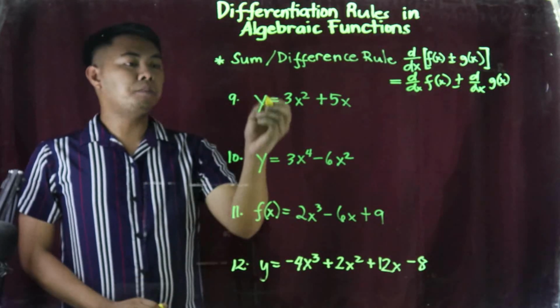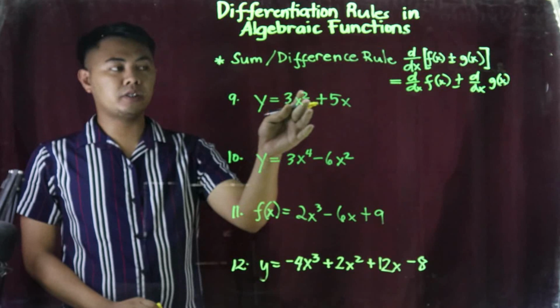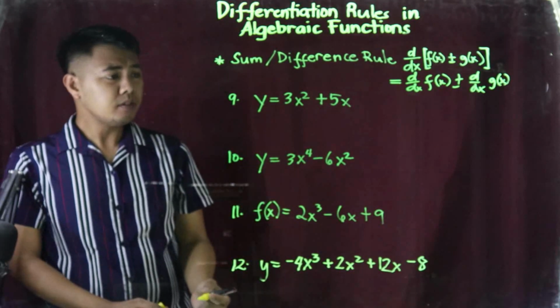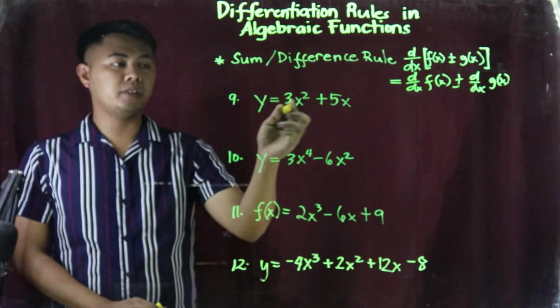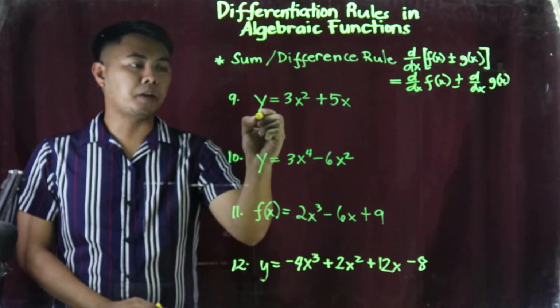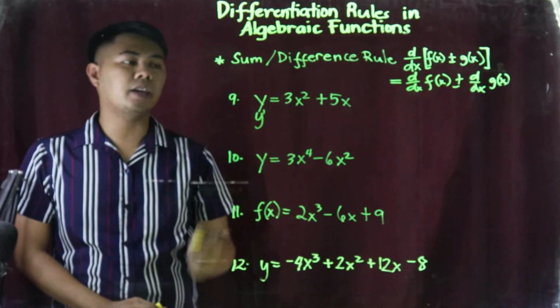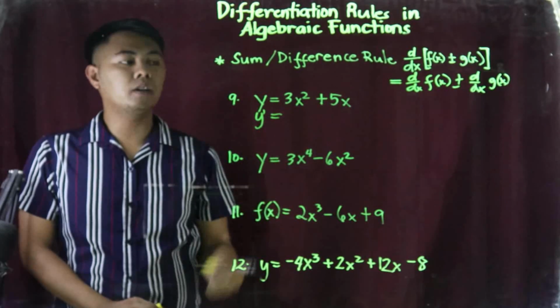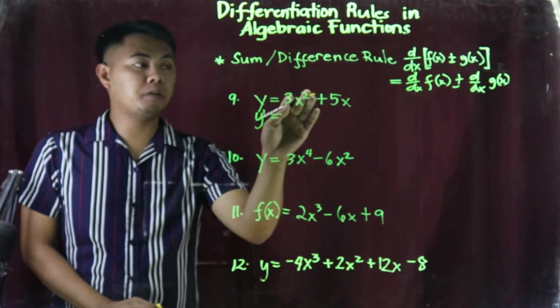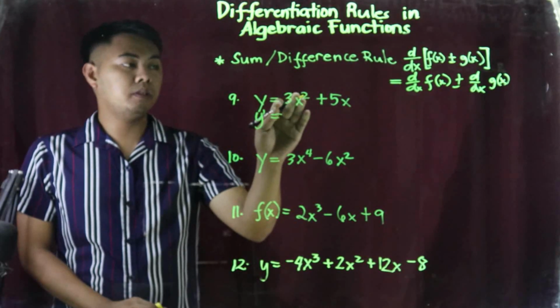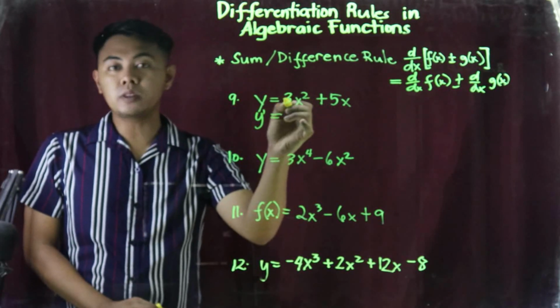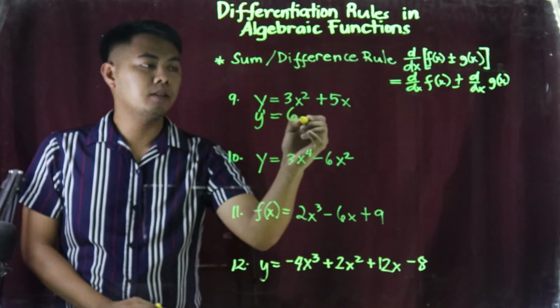Example number 9. y is equal to 3x squared plus 5x. To find the derivative, y prime or dy over dx is equal to the derivative of 3x squared. We apply the constant multiple rule: 2 times 3, that is 6.